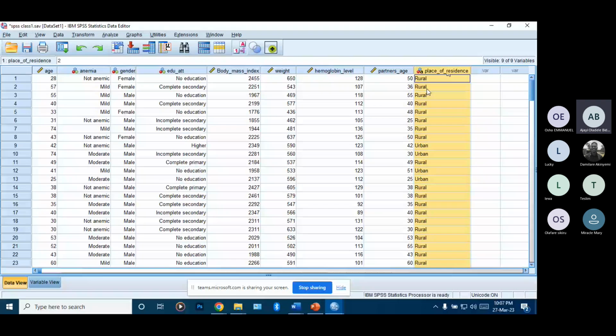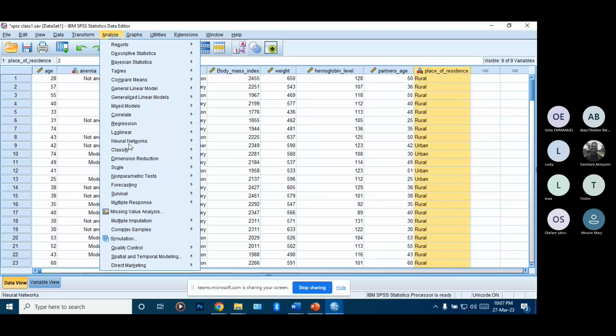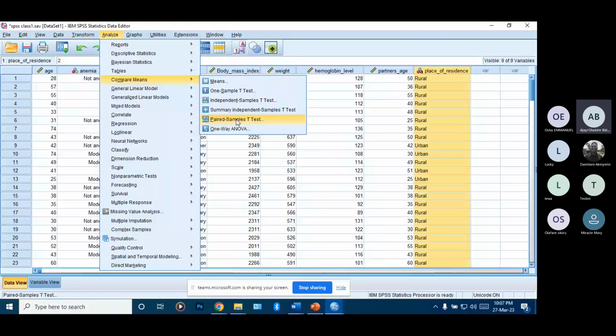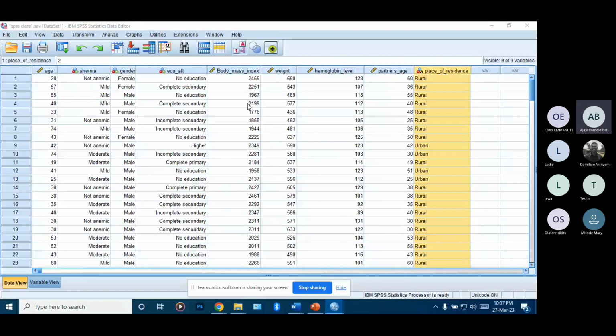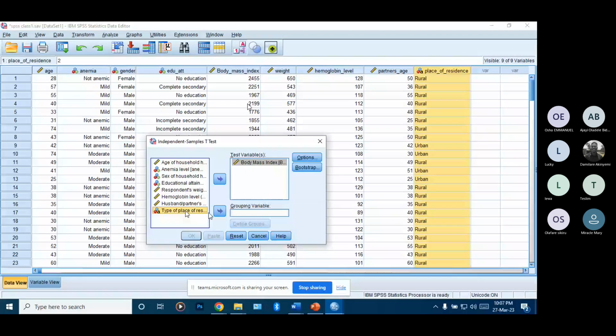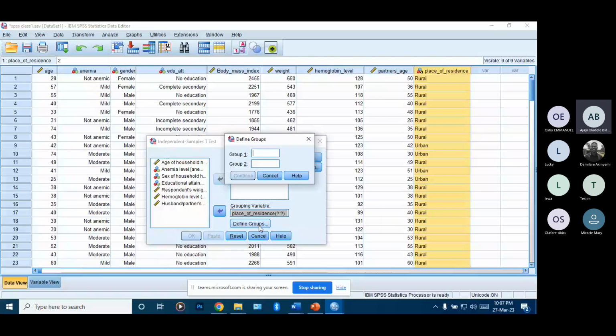So now let's go back to analyze, compare means, independent samples t-test. We are comparing their body mass index, and we are using the place of residence as the grouping variable. The first group is rural, and the second group is urban.